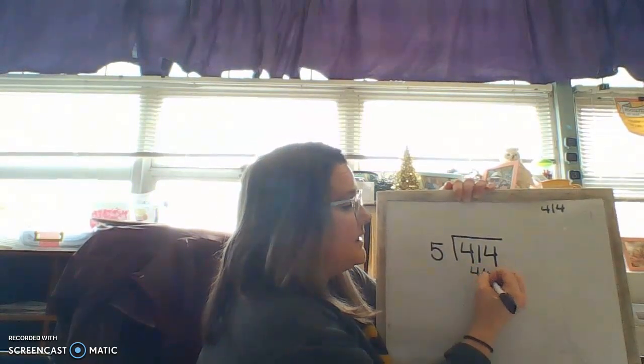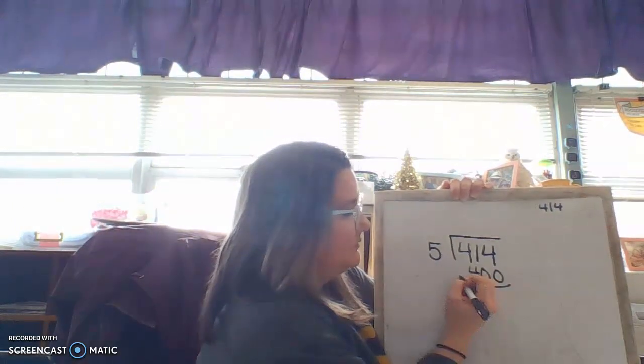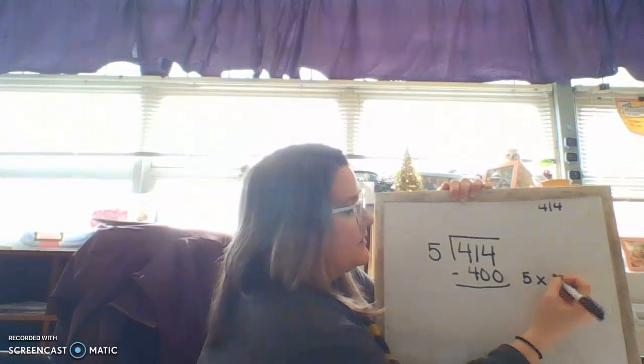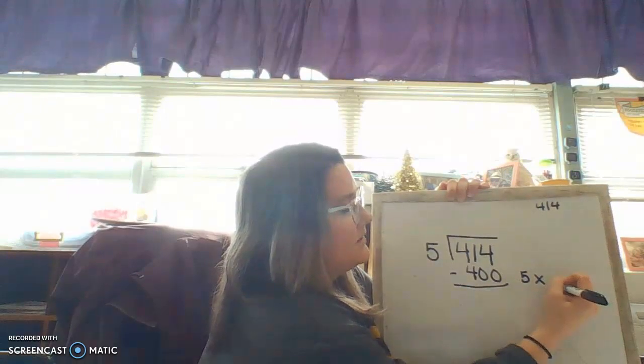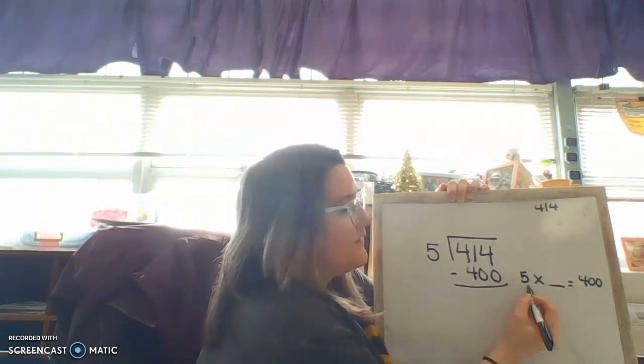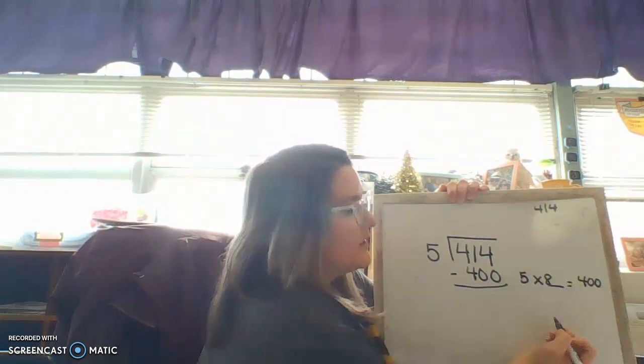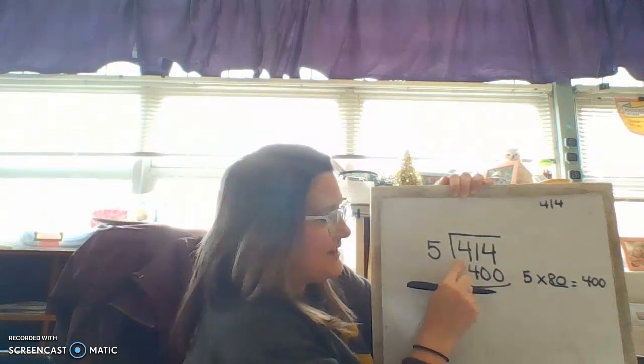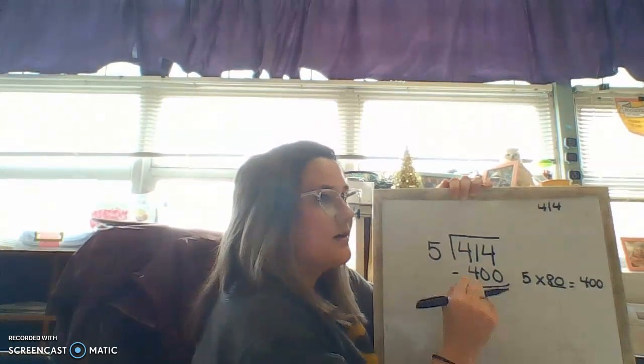So 40 tens would be 400. So 5 times what equals 400? So if I know that 5 times 8 is 40, 5 times 80 is 400. So I know I'd ask them here, can I do 5 divided by 400s?